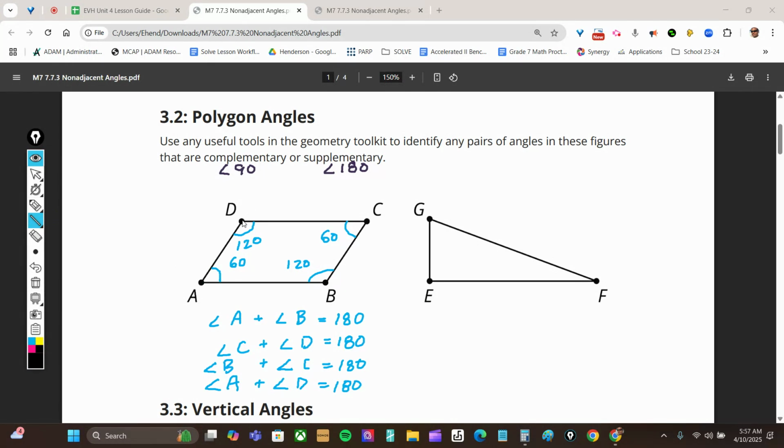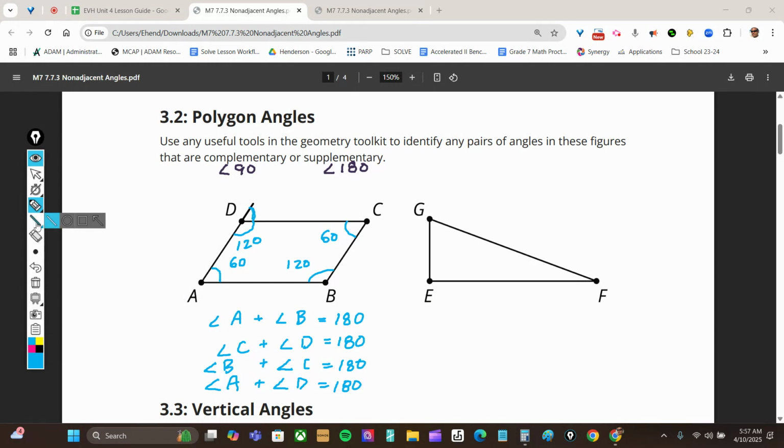Also, if you were to extend these lines out in each direction, you would create some more supplementary angles like right here.